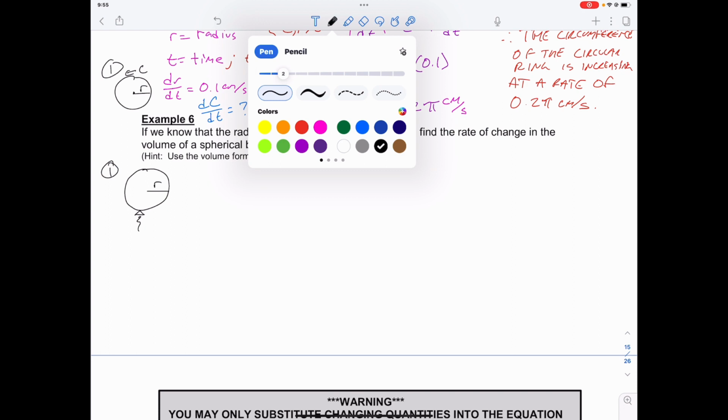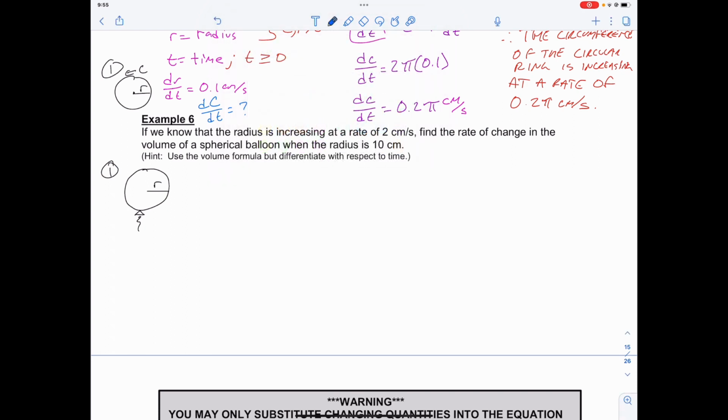What do we know about this balloon? Well, we know that the volume of a sphere is 4/3 pi r cubed. That is on your formula sheet. We know that V is volume.